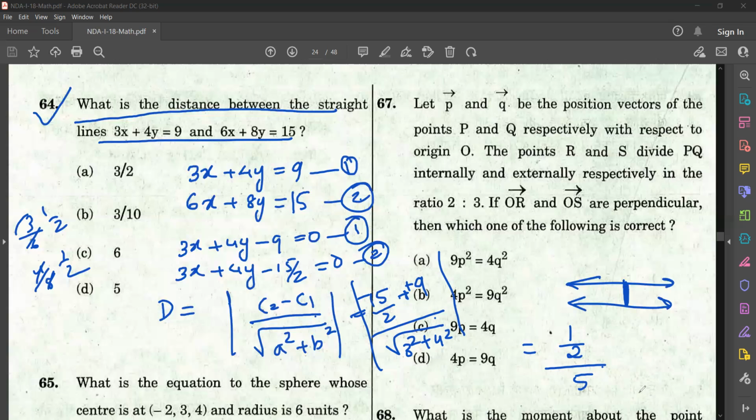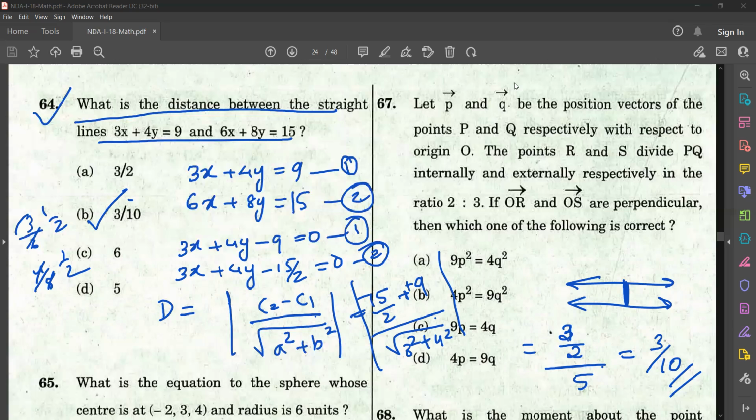Sorry, this is 3 by 2, isn't it? 3 by 2 divided by 5. So 3 by 2 divided by 5, that is 10, that is 3 by 10. Option B. Okay, the answer is option B.